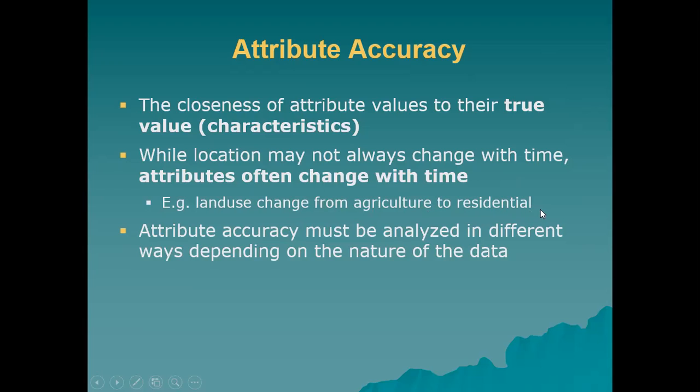So this is attribute inaccuracy here, and you need to improve that. Again, that data improvement may also require ground truthing, and you may have to go out into the field to get that data. All right. So attribute accuracy must be analyzed in different ways depending on the nature of the data.